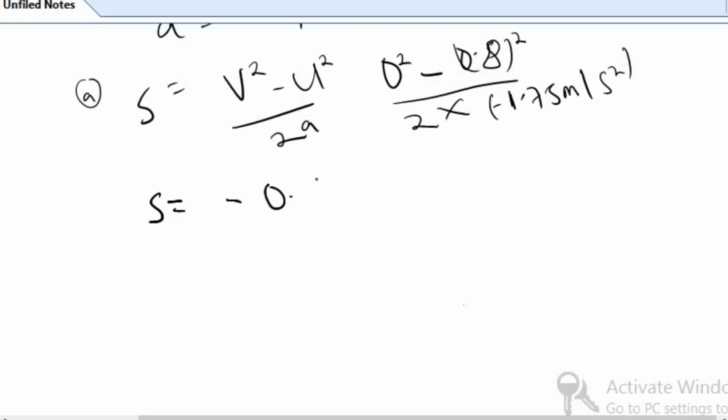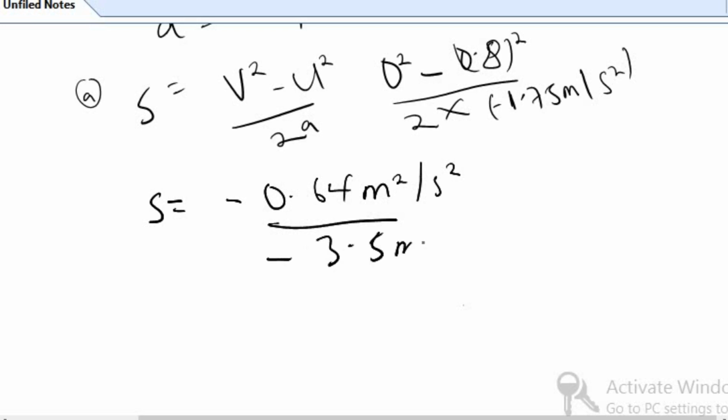And s is equal to minus 0.64 meter squared per second squared over minus 3.5 meter per second squared.